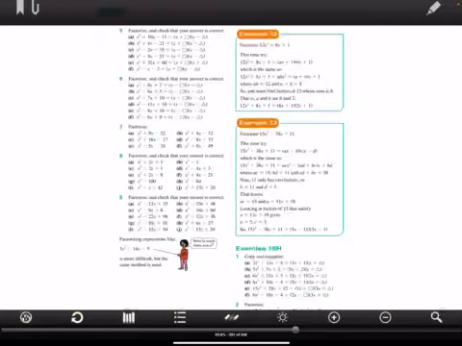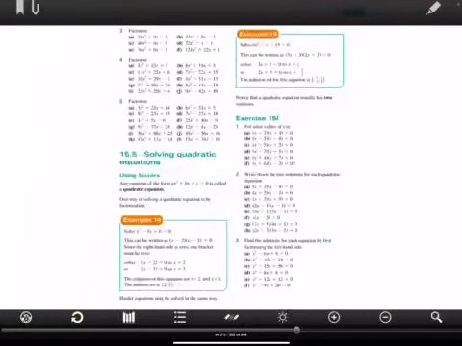We know how to factorize quadratic expressions. We know how to find the roots of an equation. We know how to solve quadratic equations.